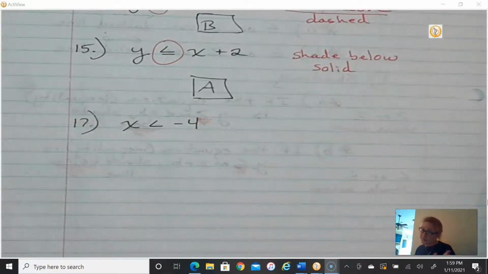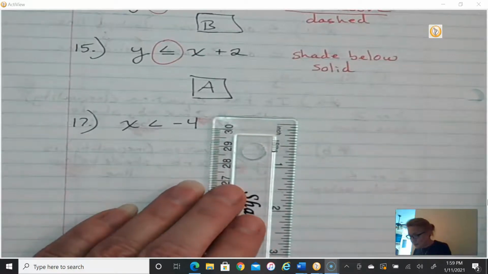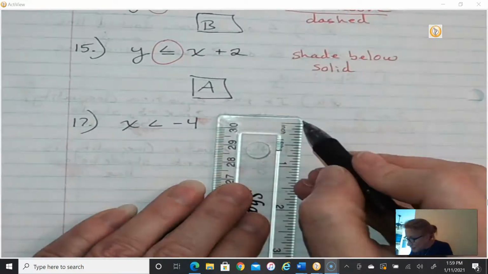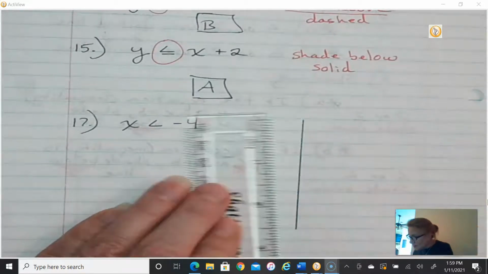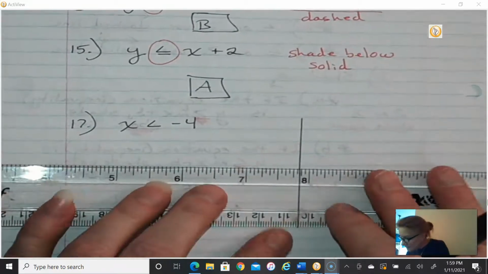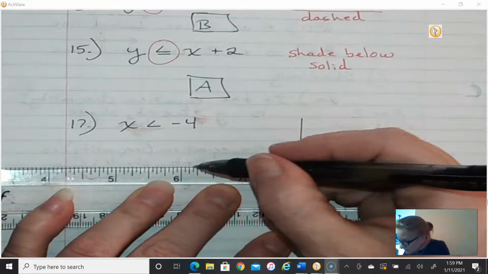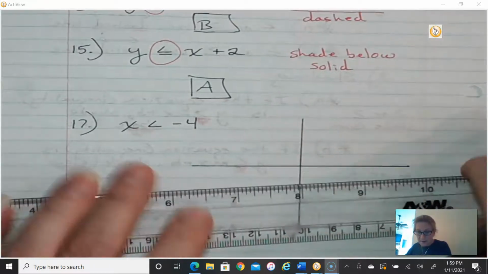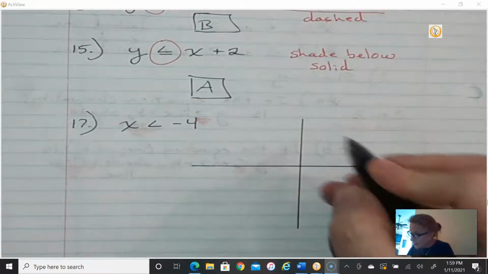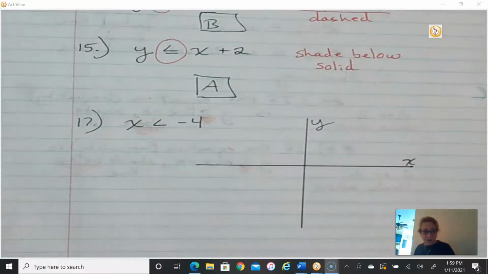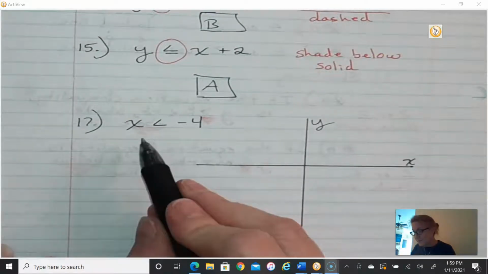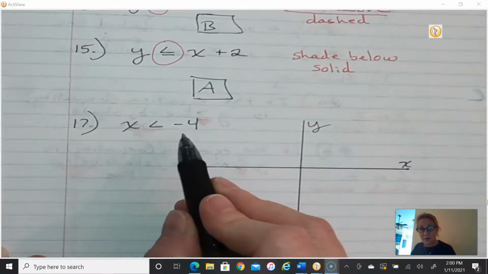Now this is where it's tricky. This one is weird, the first one they give you. So I'm going to draw my Cartesian plane. This is my x, this is my y. It says x is less than -4.